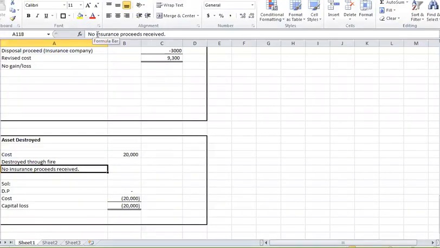So say insurance proceeds of £23,000 have been received and not used to purchase a new asset within 12 months.